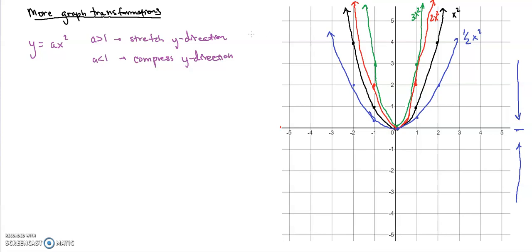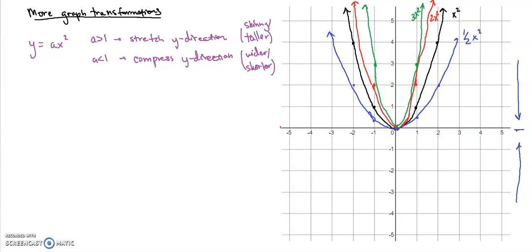Okay, so when you stretch in the y direction, that has the effect of looking taller and skinnier. And when you compress in the y direction, it has the effect of looking wider or shorter. Okay, so stretch in the y direction makes it look more narrow. A compress in the y direction makes it look wider.